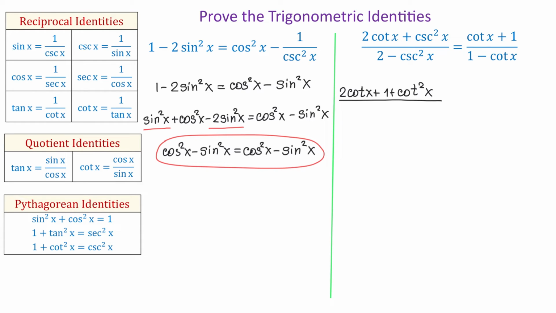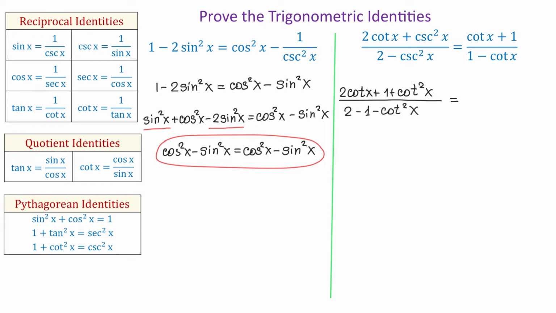In the denominator, I will write 2 minus 1 and minus cotangent squared of x. So, because of this negative in front of cosecant squared of x, I distribute the negative and I get minus 1 minus cotangent squared of x.